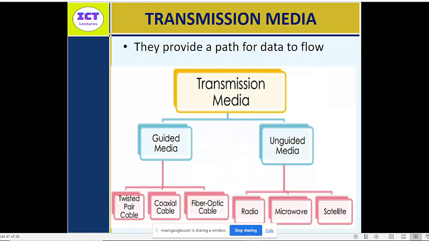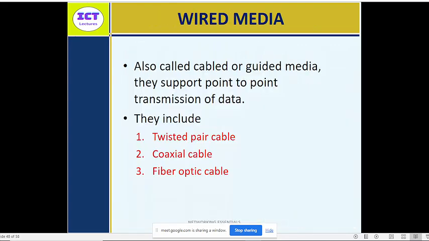We also have a fiber optic cable, right? These are normally implemented within a local area network and partially a metropolitan area network. For unguided media, you can also implement them partially within a local area network, but the majority of the implementation of unguided media happens within a wide area network. Talk about radio waves, microwaves, and so on.